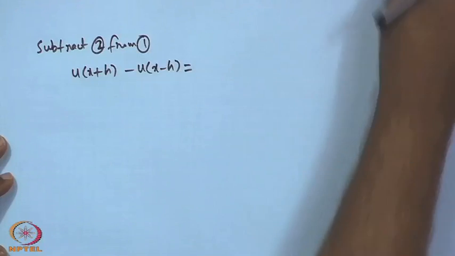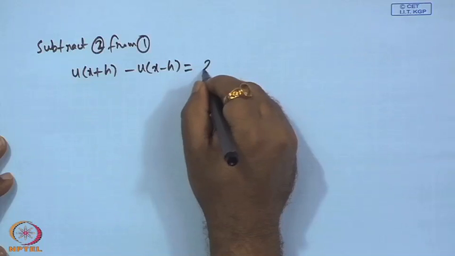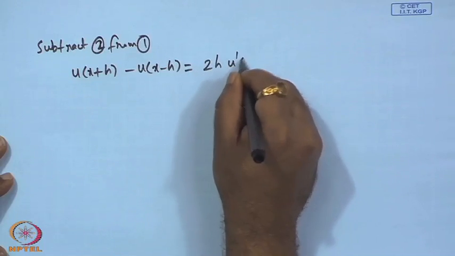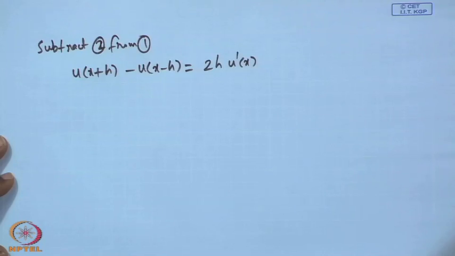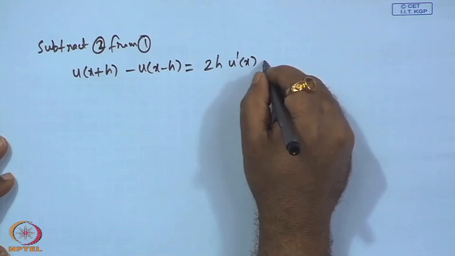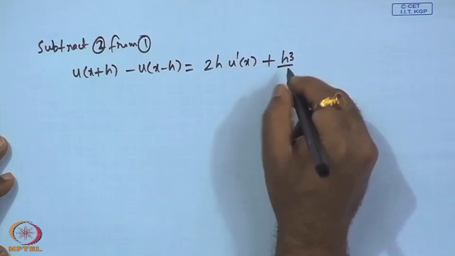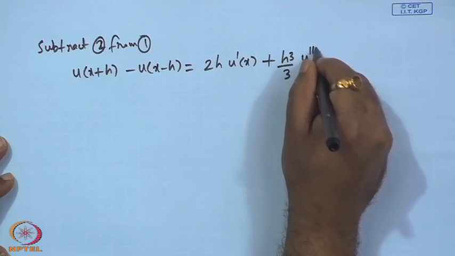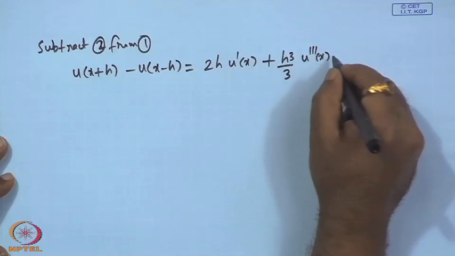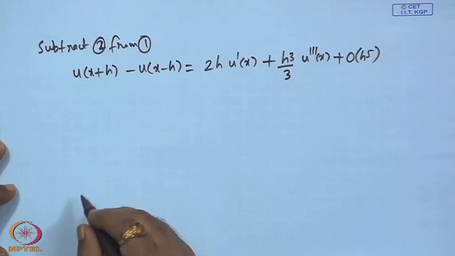The first term u gets cancelled and we get 2 times h u dash, and the second derivative gets cancelled. We get h cube by 3 as the next term.